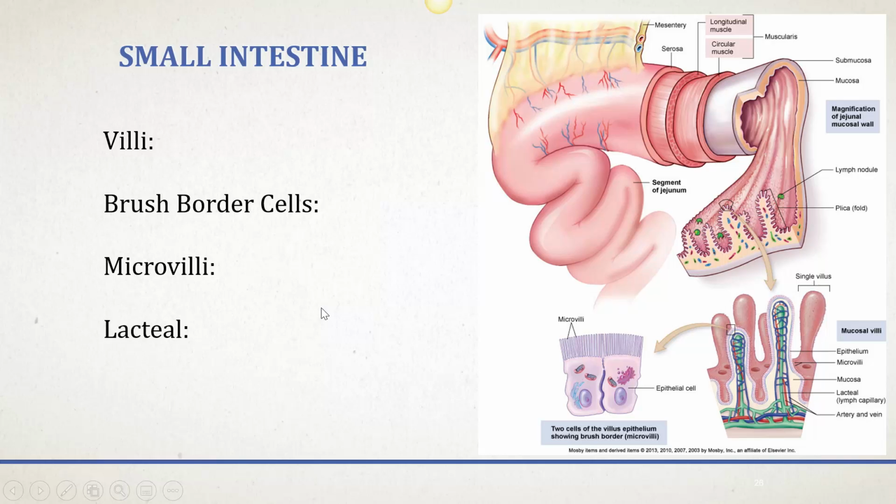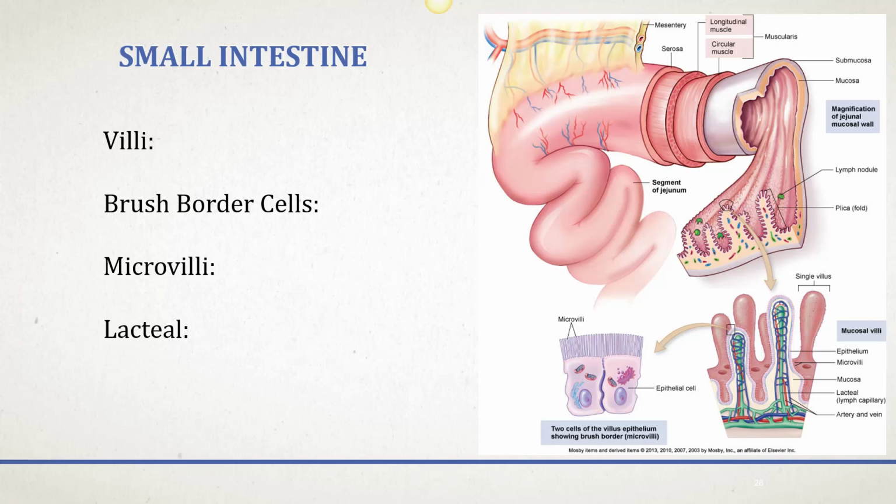The villi are lined with brush border cells. So here you can see a villus blown up, and the brush border cell on the surface of the villi. Each brush border cell has microvilli, and microvilli increase the surface area for the absorption of nutrients.